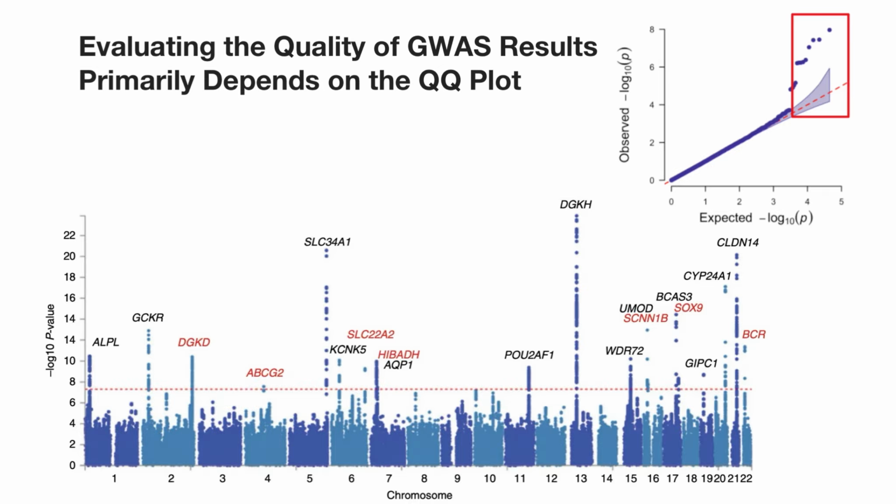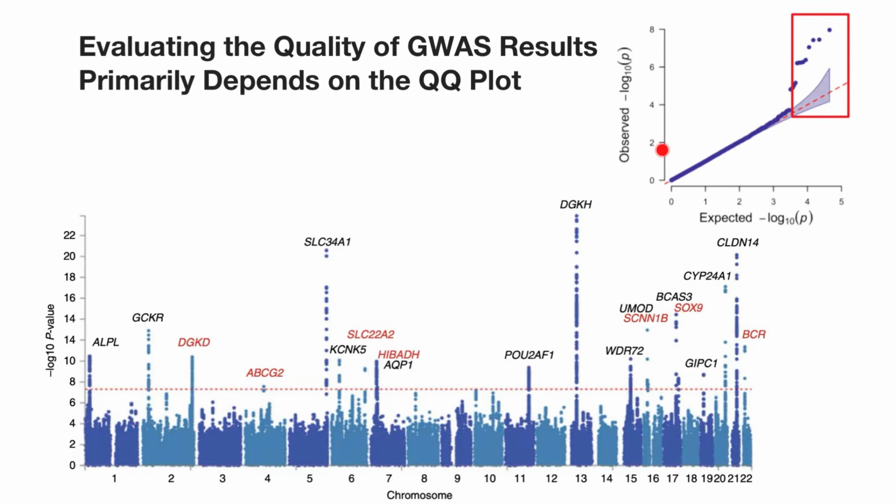Now let's return to our QQ plot. On the x-axis here we have expected minus log 10 of p-value, and on the y-axis here we have observed minus log 10 of the p-value.